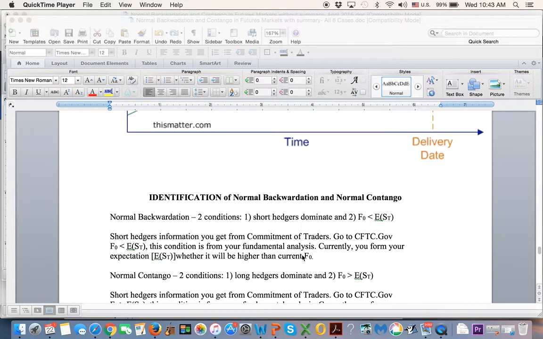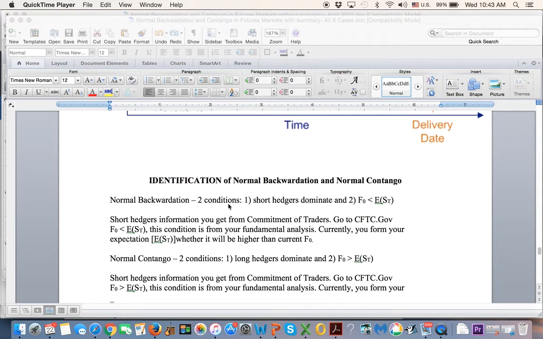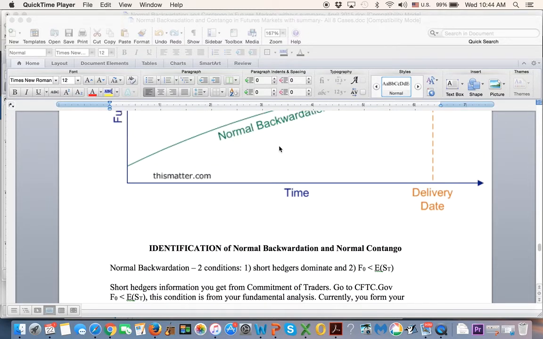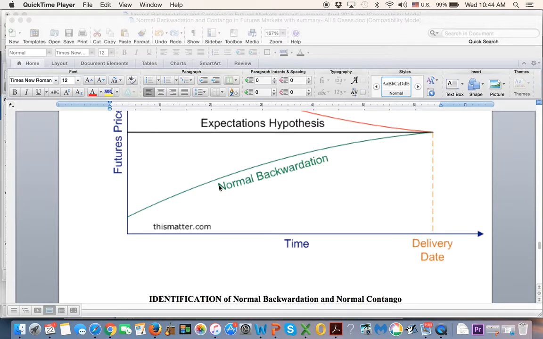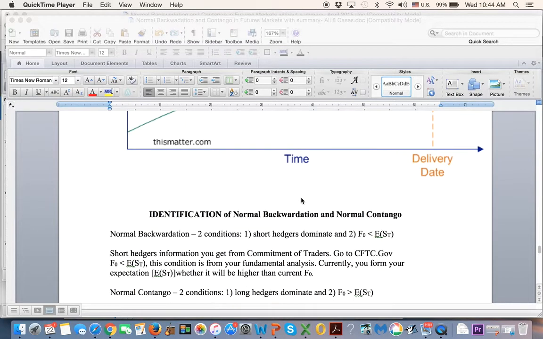So if you would like to identify normal backwardation and contango, there are two conditions. Short hedges must dominate and F sub 0 must be less than E(S_T). So if you look at normal backwardation, you say F sub 0 is less than E(S_T) in this case, and you also find out whether short hedges dominate.